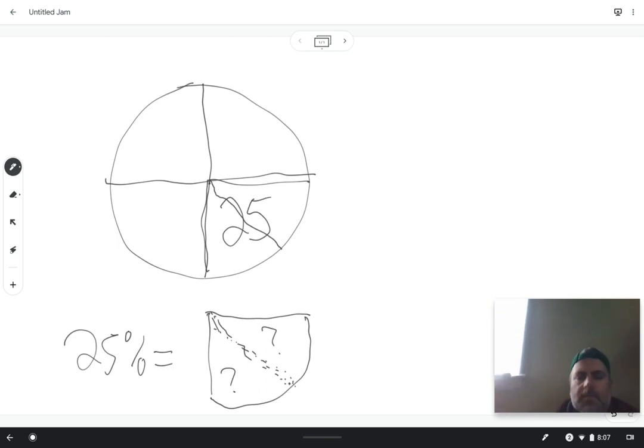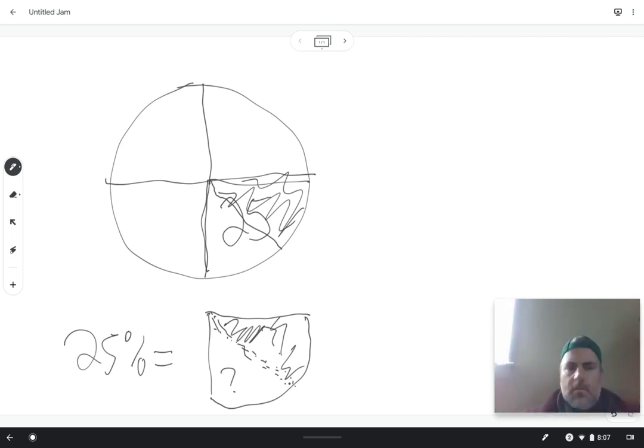Well, what's one of these? What's this shaded area now? What would this shaded area be? Okay, so we have 25%. What did I do? I divided it into 2, right? And if we look at this, it's equal to what out of 100?